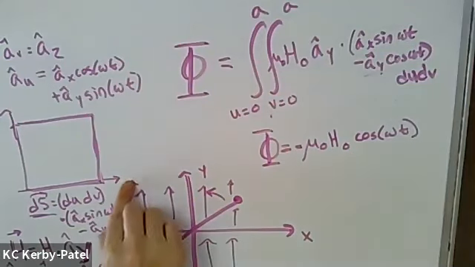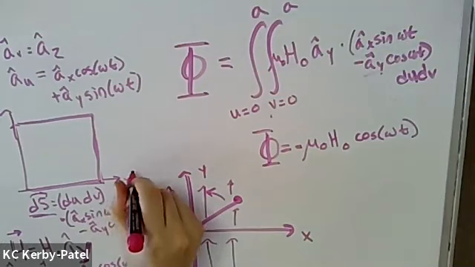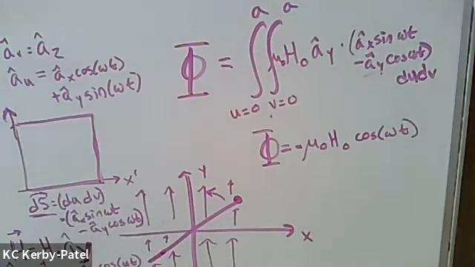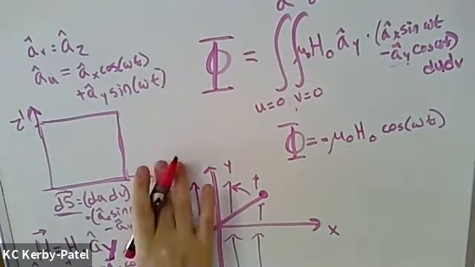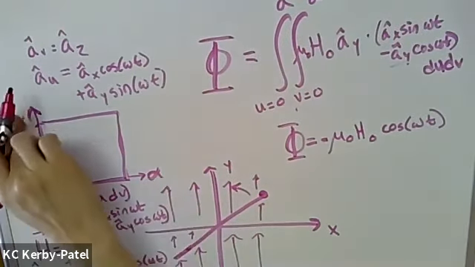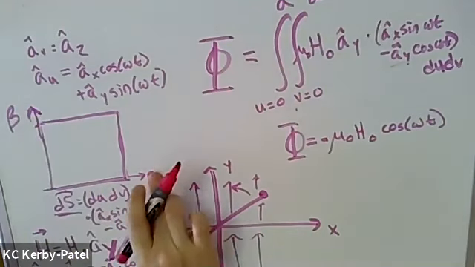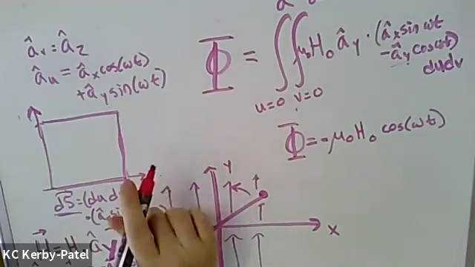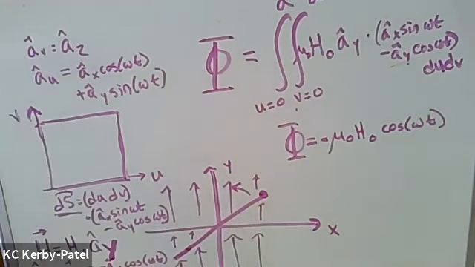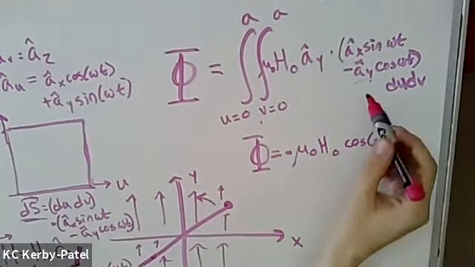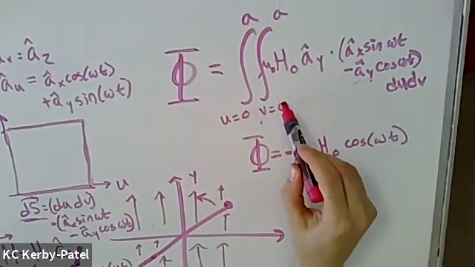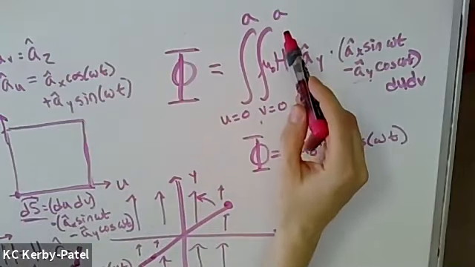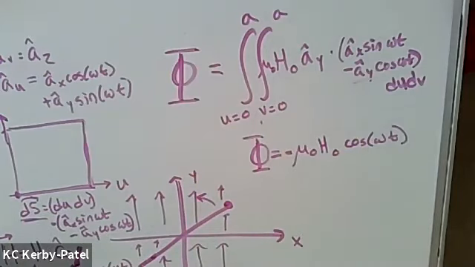So I could have named these x prime and z prime if I wanted to. Or I could have named them alpha and beta. But whatever they are, a coordinate system. And they are going to be the variables of integration over here. And they're going to go from some constant value, in this case I defined it to be 0 at the bottom left corner, to a. And then you get that.